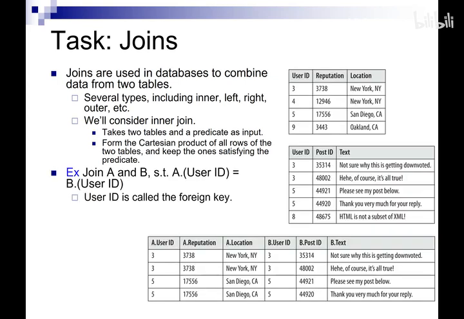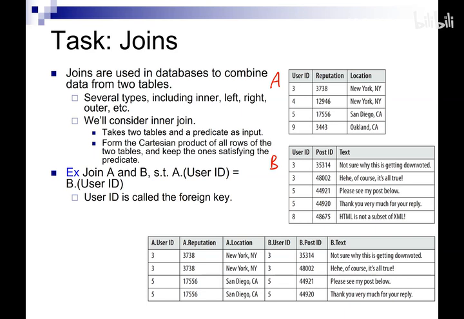So let's do an example of this. Suppose we have 2 tables here, this table A, and then this table B. We want to join A and B, and the predicate we're going to use is that we only want to keep the rows where the user ID from A equals the user ID from B. In fact, we're going to call this user ID the foreign key.